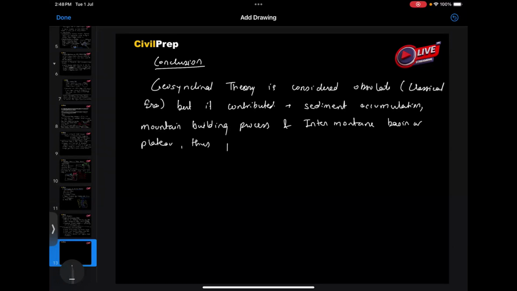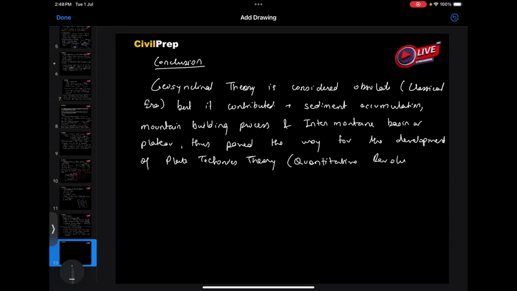Thus, it paved the way for the development of plate tectonics theory, which basically developed in the quantitative revolution paradigm, and helped in the explanation of Earth's dynamic crust.